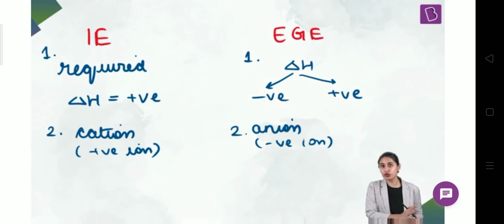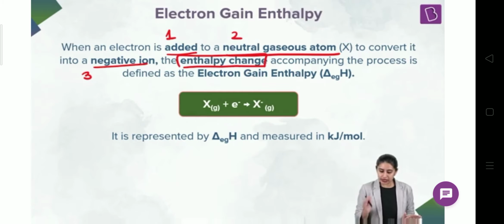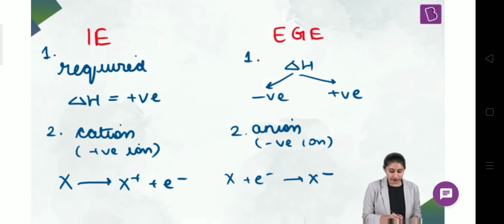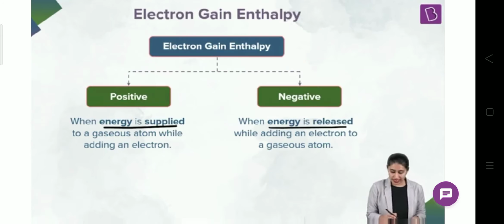Okay, now keeping the parallel in mind, let's understand electron gain enthalpy further. Here you can easily write it like this. There the electron is removed, whereas here the electron is added. So we can have positive as well as negative electron gain enthalpy.